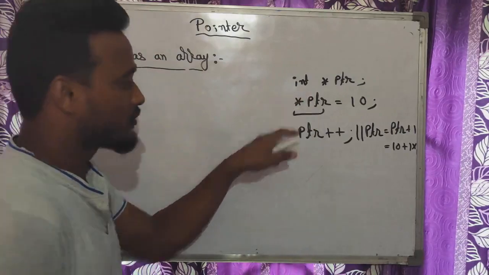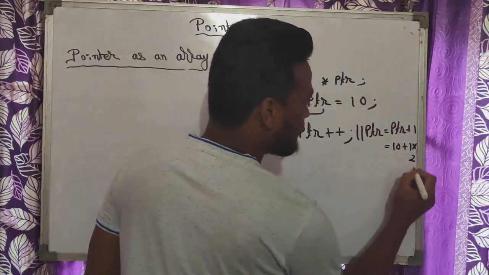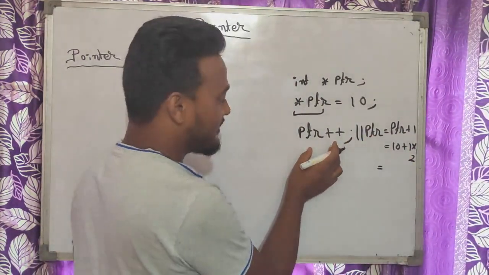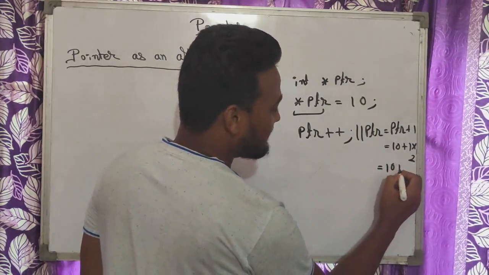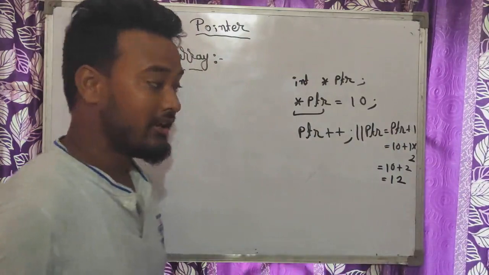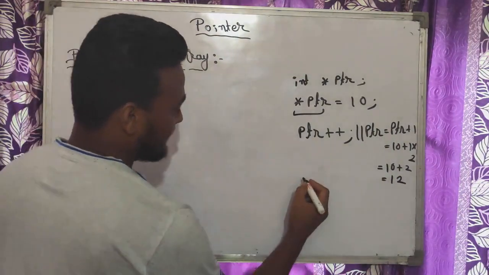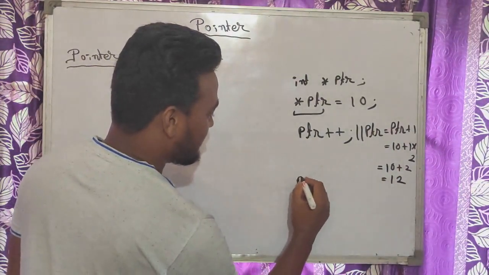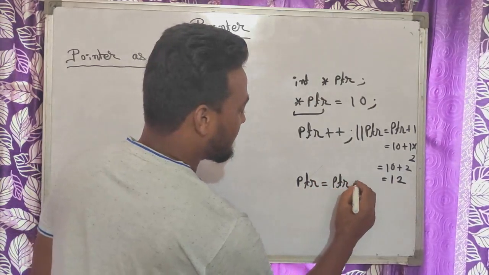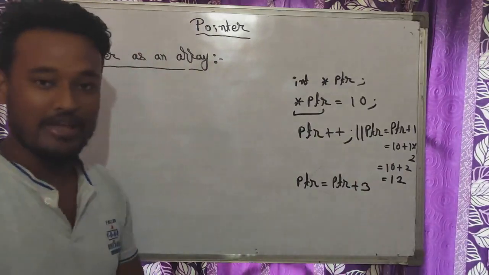It is integer. So 1 into 2, okay? So ultimately the next memory address of this ptr will be 10 plus 2 equal to 12, okay?